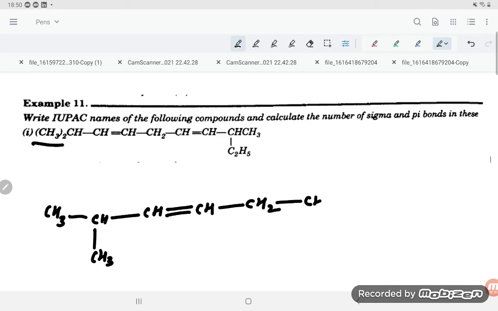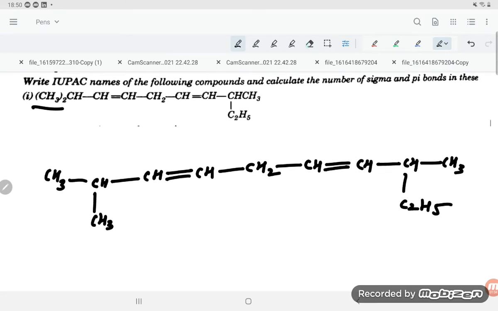Then again it is CH double bond CH. Here is again, student, CH. This is CH3 and this is C2H5, right? So dear students, I am changing C2H5, because we are supposed to take the longest chain. So I am writing CH2 and CH3.